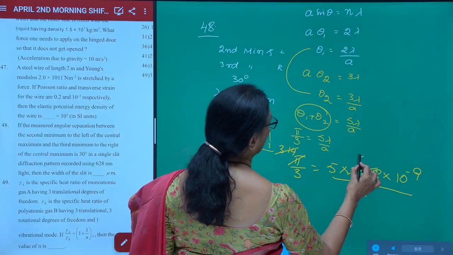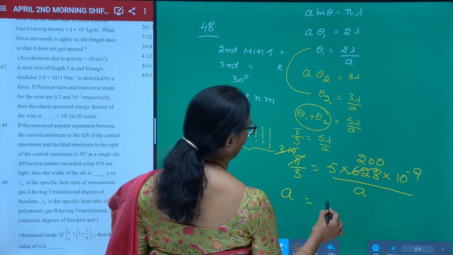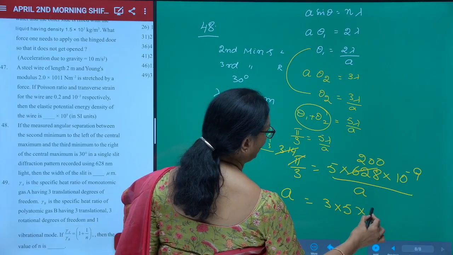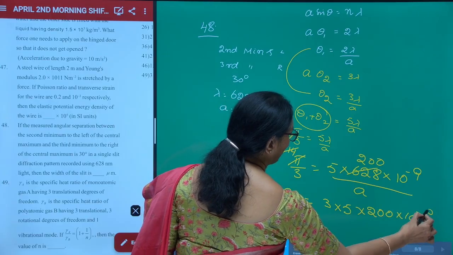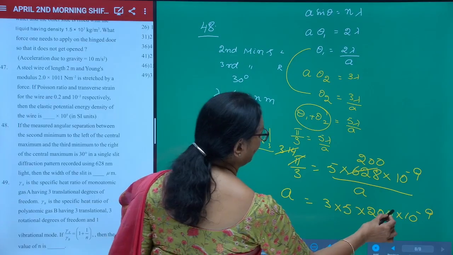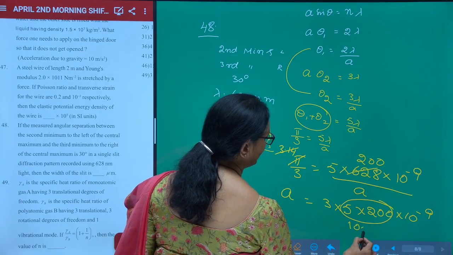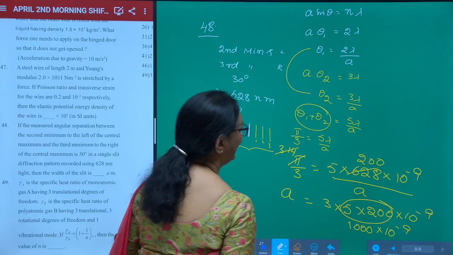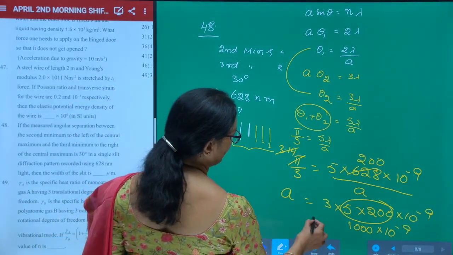This is 200 times. So A is equal to 3 into 5, 200, 10 power minus 9. 5 200s, it is 1000. 1000 into 10 to the power of minus 9.